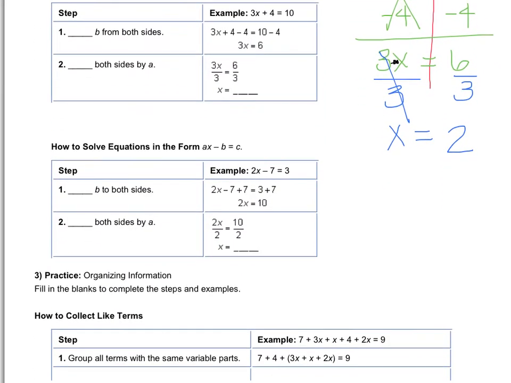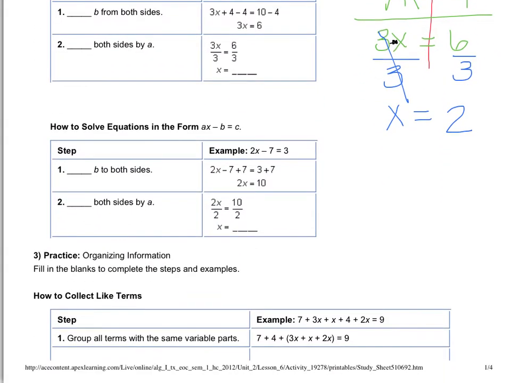So looking at number 2, we have 2x minus 7 equals 3. Again, in order to solve this, we've got to get x's on one side and our numbers on the other. And we always get rid of what's added or subtracted first. So to get rid of that minus 7, we plus 7 to both sides.